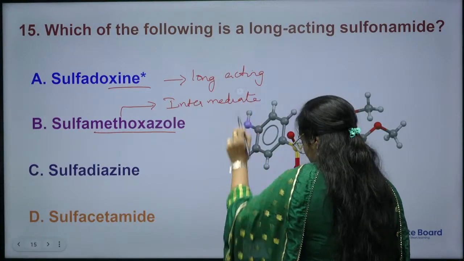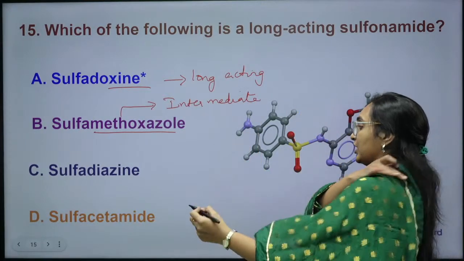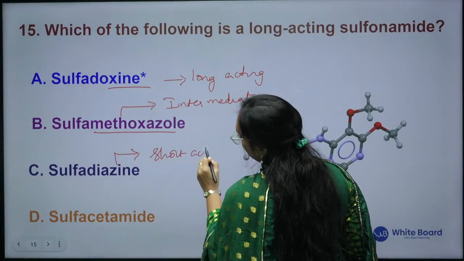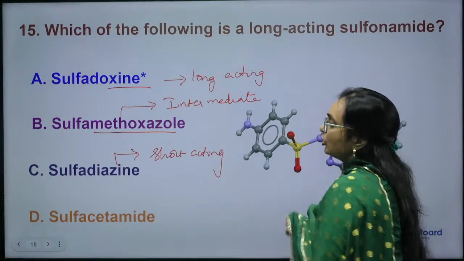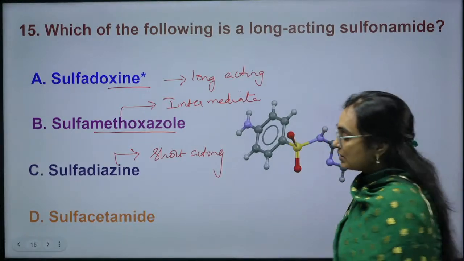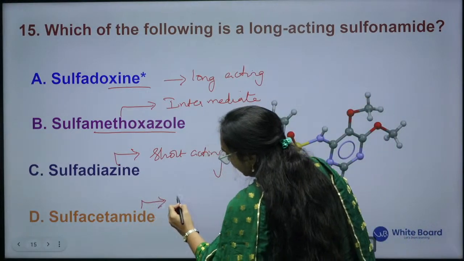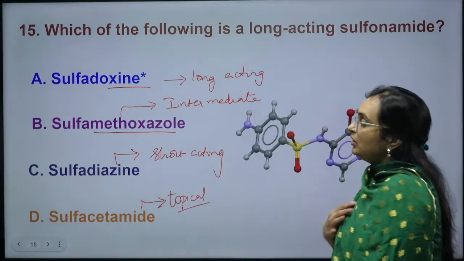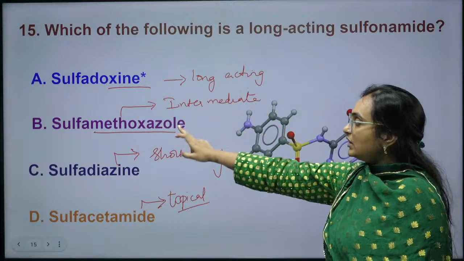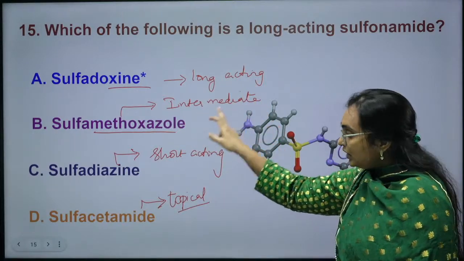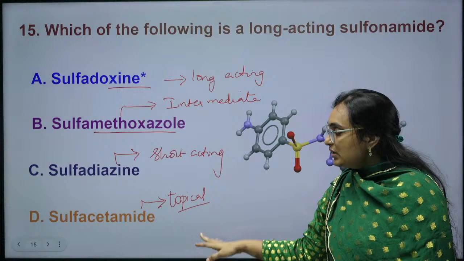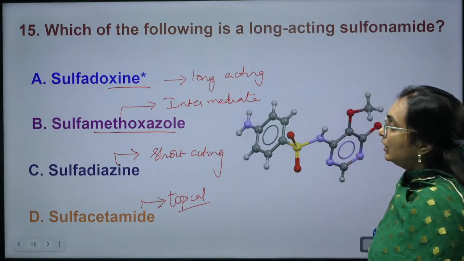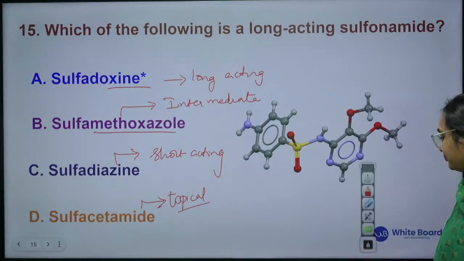Sulfadiazine is an example of a short acting sulfonamide. Which of the following is a topical sulfonamide? Sulfacetamide is an example of a topical sulfonamide. So the correct answer here is A.